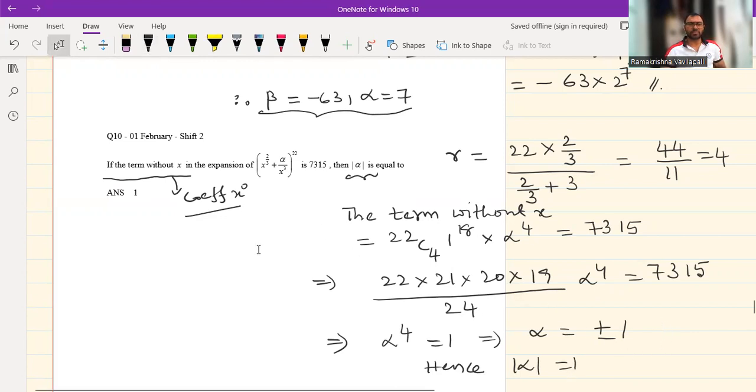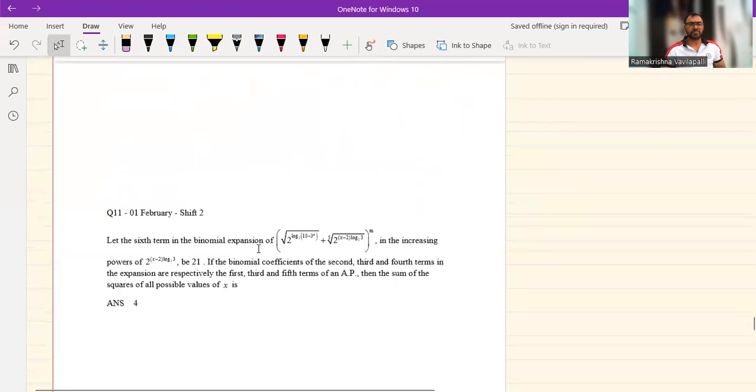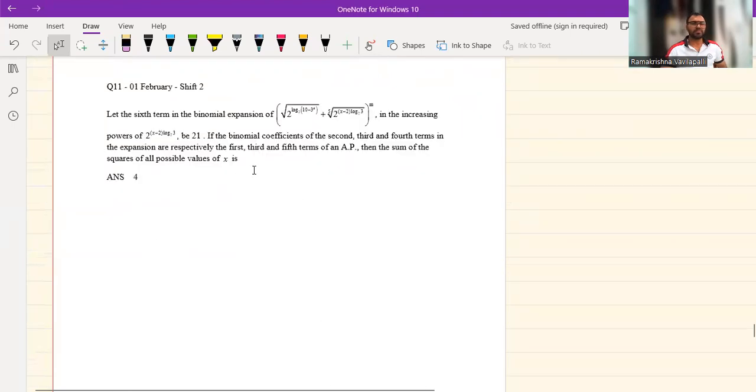So go to the next question. Let the sixth term in the binomial expansion of (root over 2^(log2(10 - 3^x)) + fifth root of 2^((x - 2) log2 3))^m, in increasing powers of 2^((x - 2) log2 3), be 21.